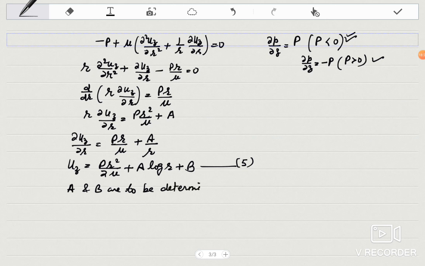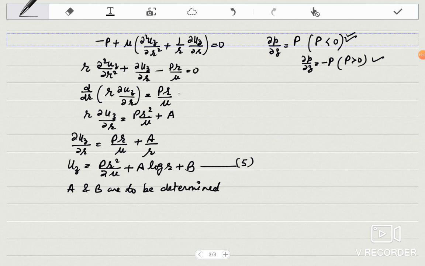This velocity distribution with constants of integration will be used in the second case also, where your fluid will be flowing in the annular region. So A and B will be determined according to the boundary conditions. In this case, in our problem, your boundary conditions are... just a minute.